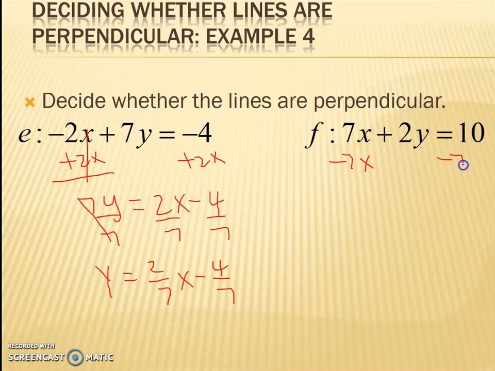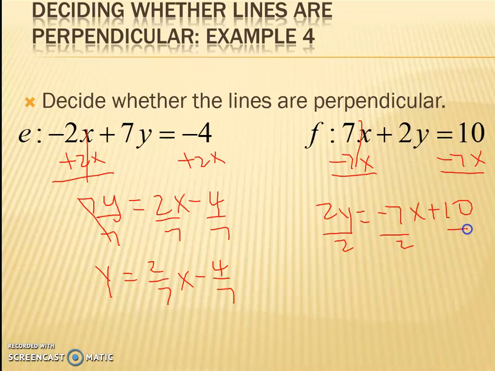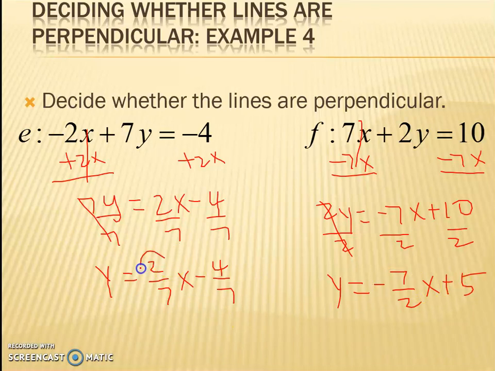Minus 7x: 2y equals -7x plus 10. Divide by 2: y is -7 over 2 x plus 5. So we're going to look at the slopes right here. Are they negative reciprocals? Yes. One is positive, one is negative. Flip, flip. So these are perpendicular to each other. And when you multiply these two, you should get negative 1.